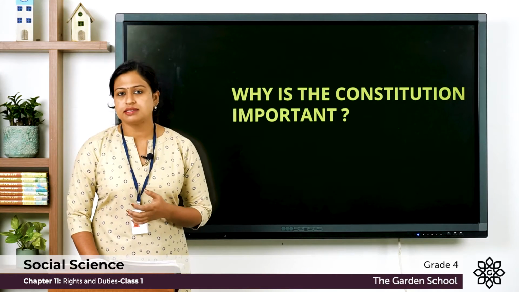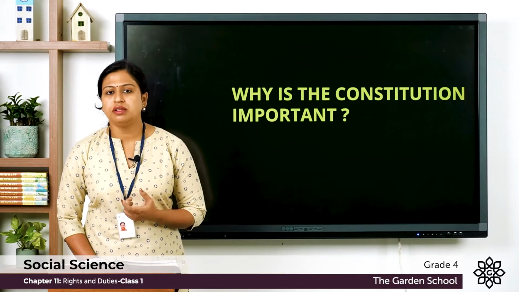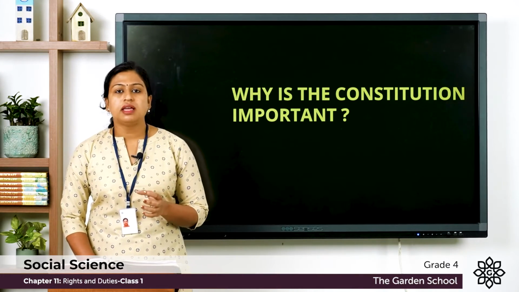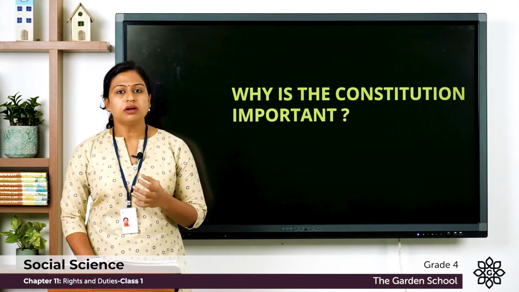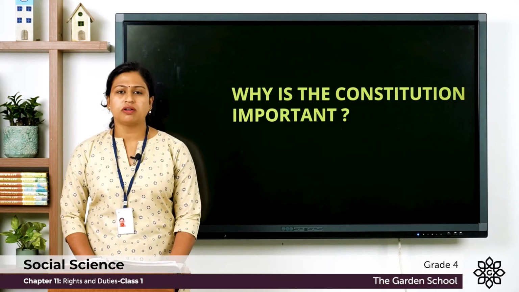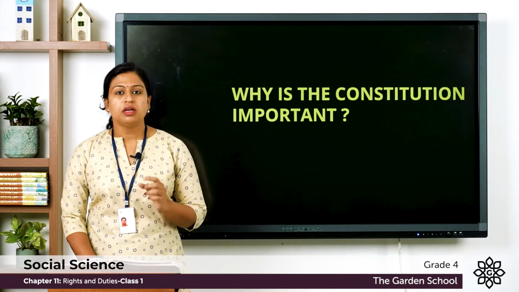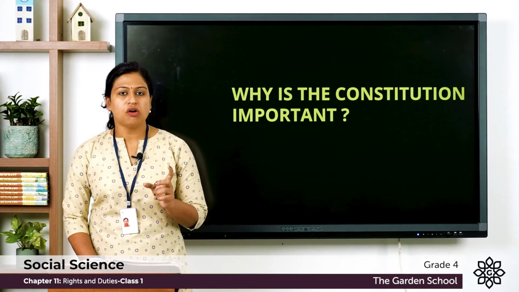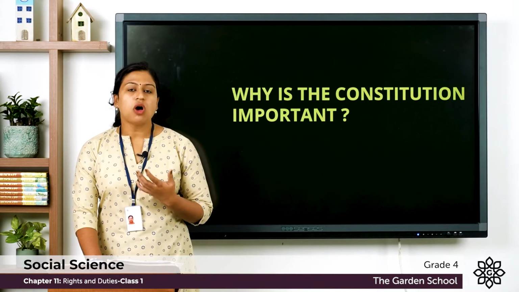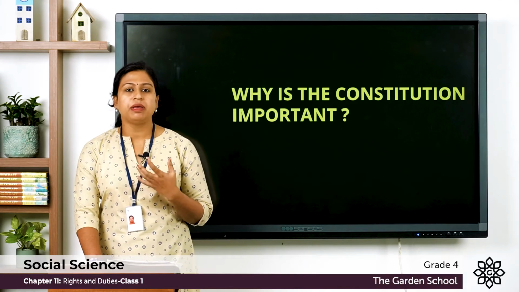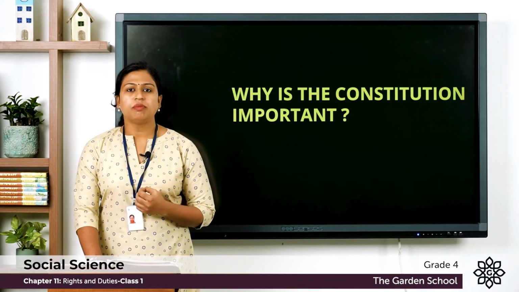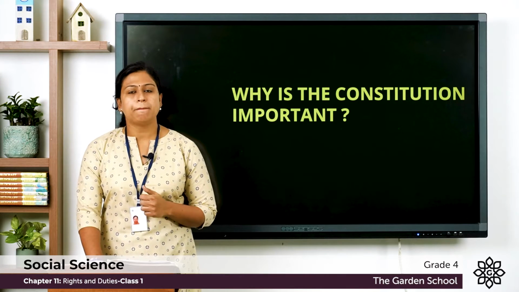As we have already discussed that the Constitution of India consists of set of rules, and these rules help or guide how a country, a state or government or any other political organization works. So, it tells the works of the government, what they are allowed to do and what they are not allowed to do. And it also prevents the government from becoming all powerful, and it also prevents the government from misusing the power.